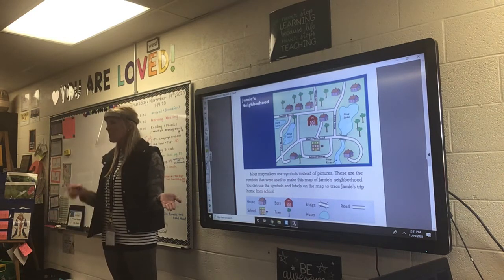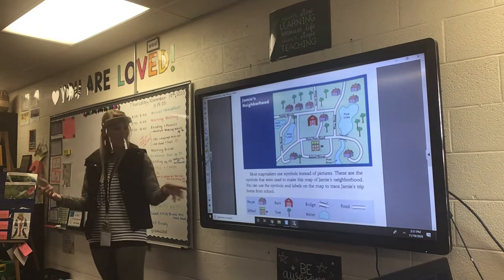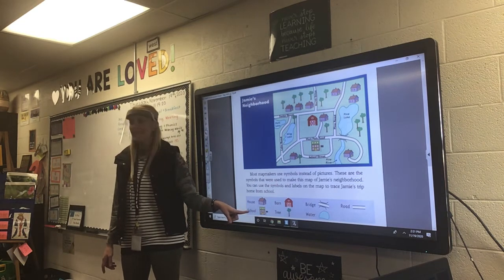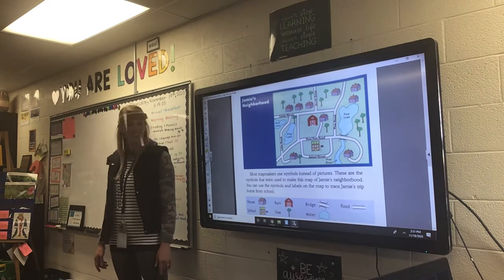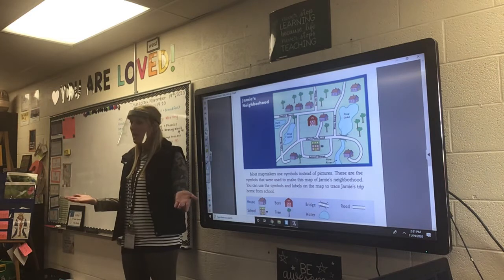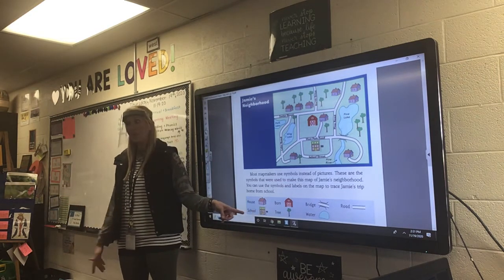No. Somebody drew a picture to represent a house. Underneath the house is a school. Does this look like our school? No, not really. But we know it's a school because it looks kind of like what a school would look like, and then it has a flag out front. And we have a flag out front of our school.